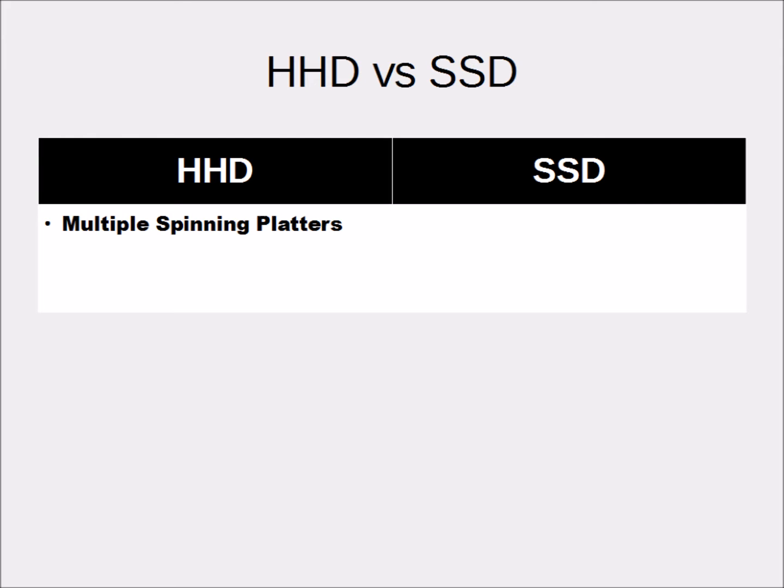If your computer needs to read something, it finds the location of that particular file, and as that disk spins around, fairly fast, anywhere from 5,400 to 7,200 RPM, the computer reads a section of that data for each revolution of the platter.